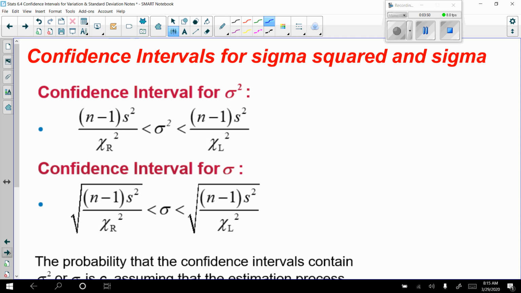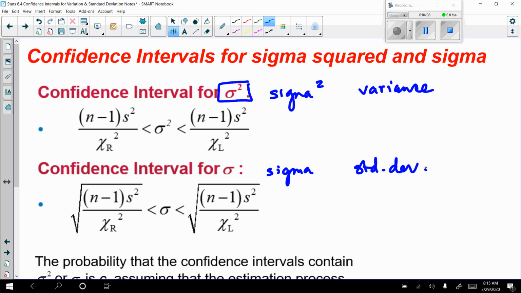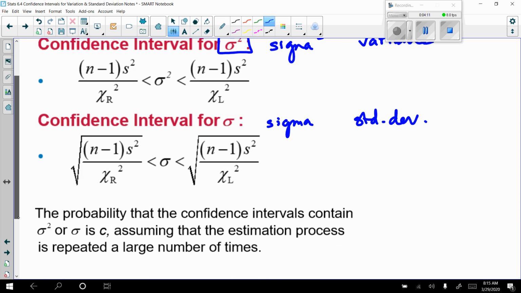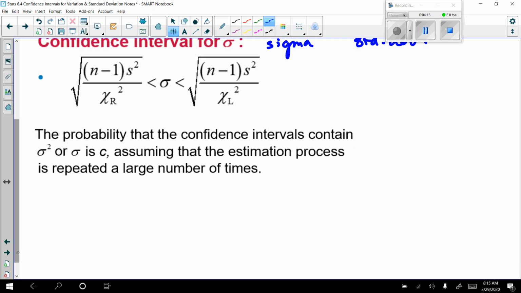Okay, so this is for sigma squared. This is for just sigma. Remember, this is for the variance, and this is for the standard deviation. The probability that the confidence intervals contain sigma squared or sigma is C, that's our confidence level, assuming that the estimation process is repeated for a large number of times.